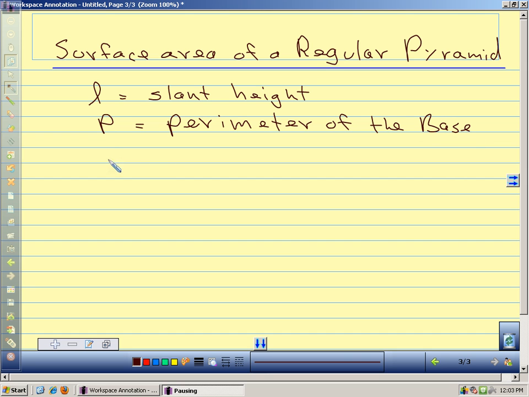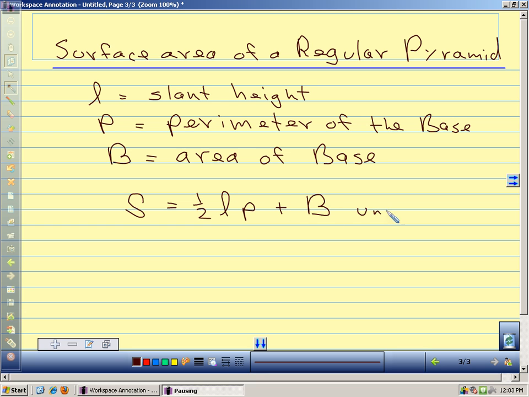And B, capital B, is the area of our base. So our surface area, capital S, is 1/2 LP plus B units squared.